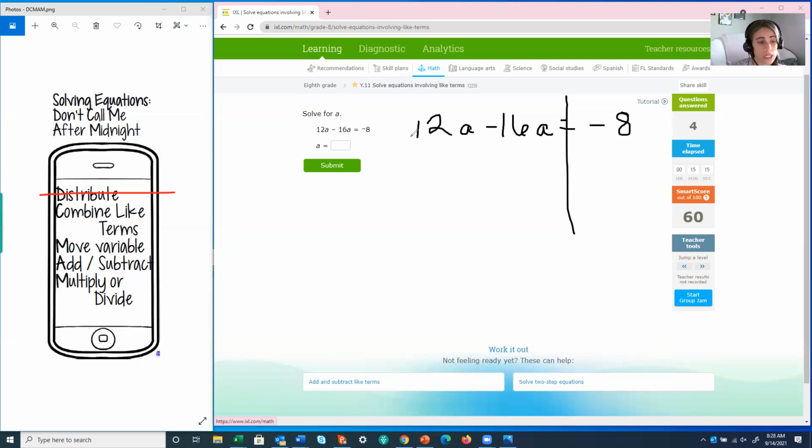So we keep the first number the same, that stays a positive 12a. We change our subtraction sign to addition, and then we change our second number to its opposite. So it was a positive 16, now it becomes a negative. Once that subtraction is turned into an addition sign, we have 2 different rules for adding integers.